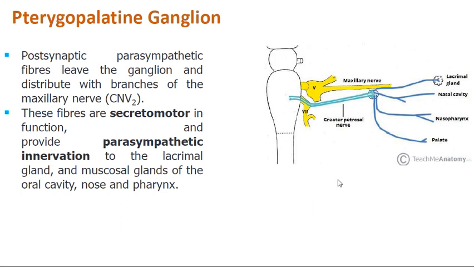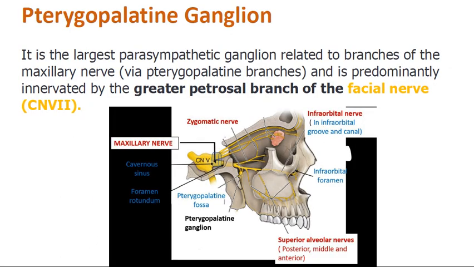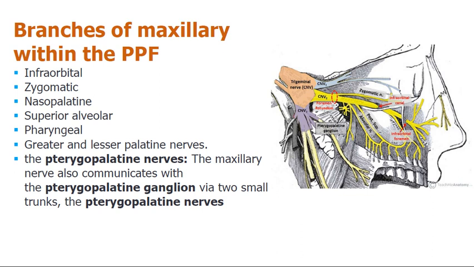Also, the ganglia, by the 6 branches of the ganglia, will supply even general sensation of the region via branches of the maxillary nerve. The maxillary nerve has its 2 twigs, as we mentioned just before. I will make it clear for you.